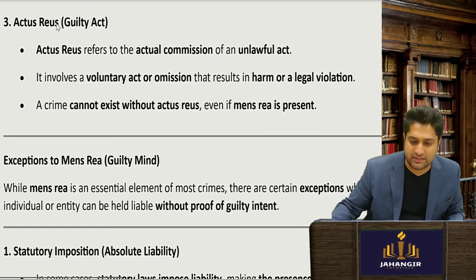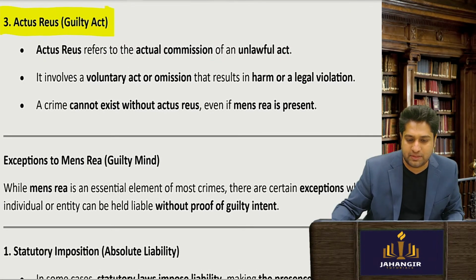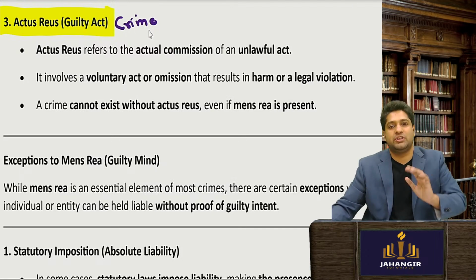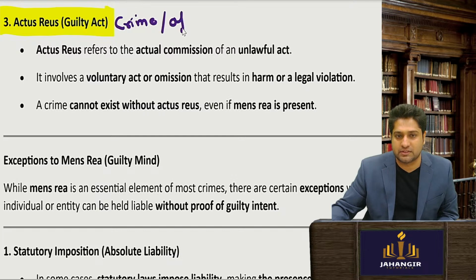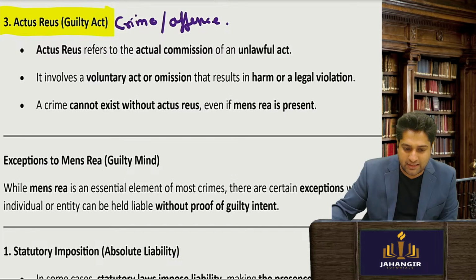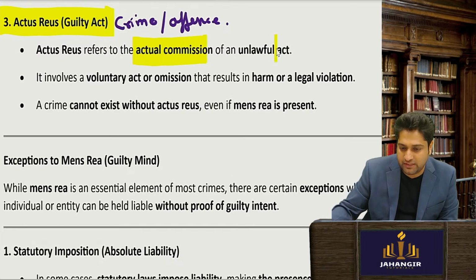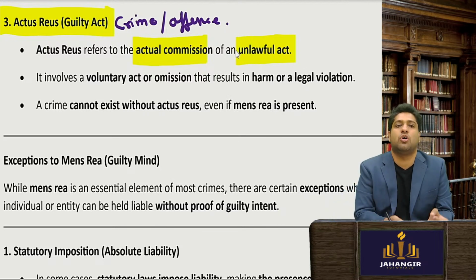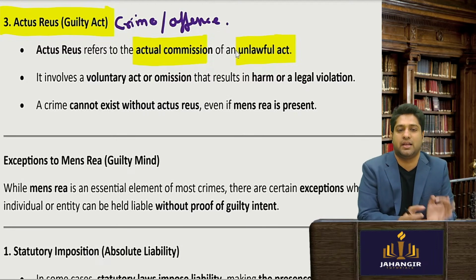So we had seen that the wrong act simply means a crime. But the word crime is not mentioned. What do they write? Offense. Okay. So actus reus refers to the actual commission of the wrongful act. So when you commit the crime, it is called actus reus.